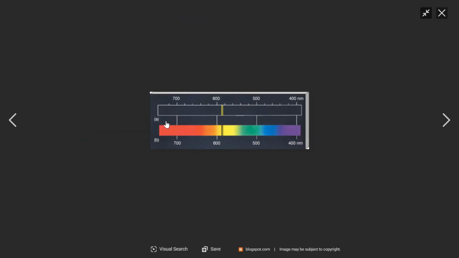Now one is labeled as A, another as B. So tell me, out of A and B, which one is the emission spectrum? A, sir. Which one is the emission spectrum and which one is the absorption?